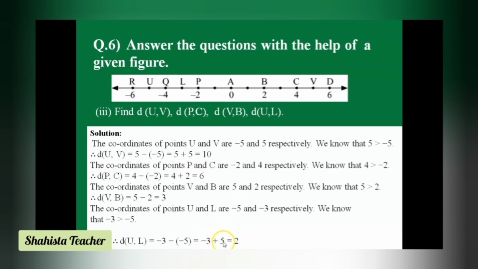Why? Because this 5 is the greater number and it carries a positive sign. So the distance of U to L is 2. The distance of V to B is 3, the distance of P to C is 6, and the distance of U to V is 10. Is that clear? So students, in this way we finish question number 6 of practice set 1.2.